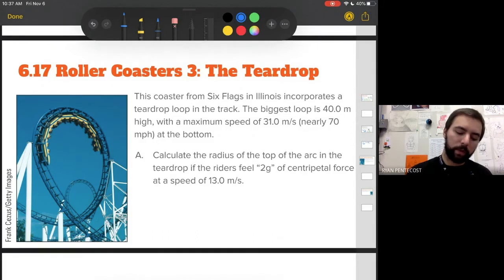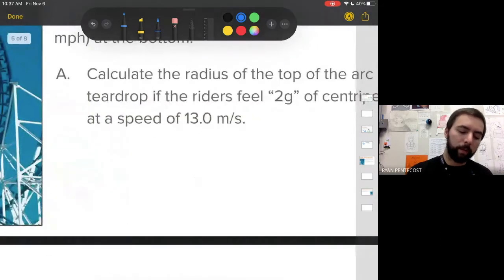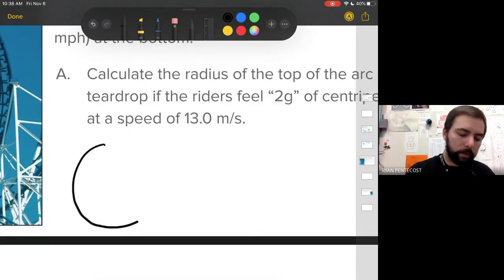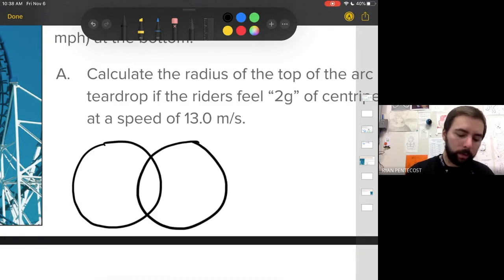So first, let me draw this real quick so we have a better understanding. A clothoid loop. Clothoid loops are kind of hard to draw, but a clothoid loop has this path right here, right? You go up here, but then you take a dip right there and continue your path.